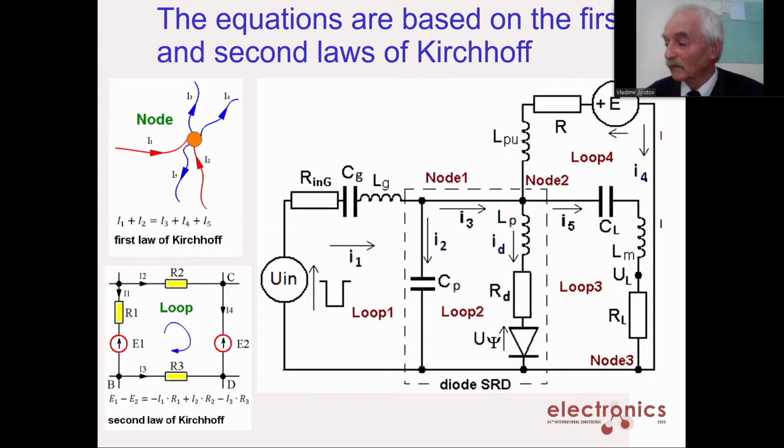Initially, we have prepared our circuit for applying Kirchhoff's first and second laws to it. It is shown in the figure on this slide. Here the notations appeared. These nodes and loops we have assigned to our equivalent circuit. The solution was made in two stages.